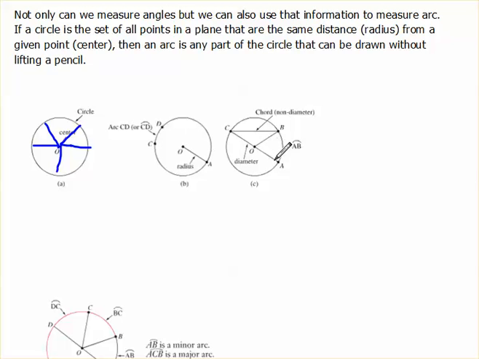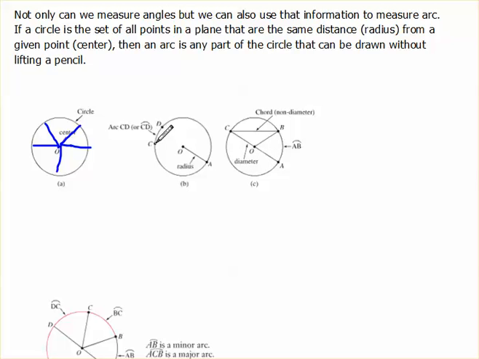Now, if we have a radius that measures from the circle out here and a radius that measures from the center out to here, then that's called a diameter, one that goes completely through the center and connects endpoints of the circle.